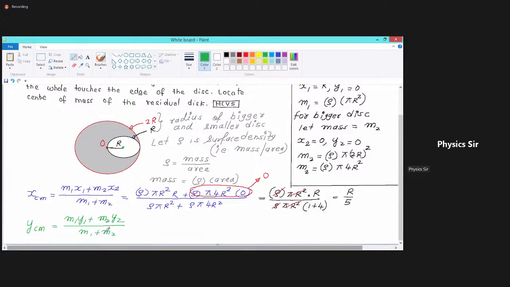Now what is m1? m1 कुछ भी रहने दो. What is y1? y1 is 0. y2 is 0. So this term will become 0. This will be 0 divided by m1 plus m2, so this becomes 0.